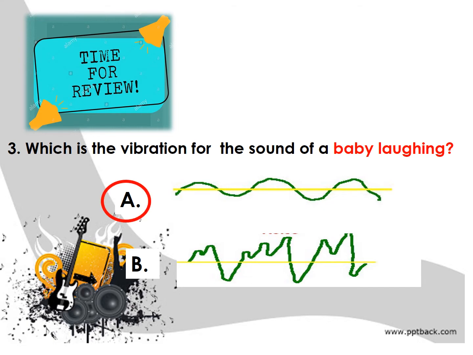The correct answer is A. Remember that the sound of a baby laughing is an example of a pleasant sound. So the vibration of a pleasant sound looks like this. It is regular and uniform.